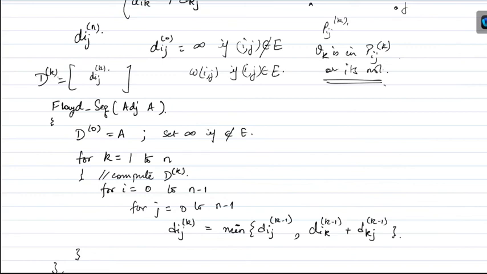So what is D^0? I already have D^0. When I want to compute D^1, I want to look at vertices. V1 can be an intermediate vertex, right? That's what you're saying. Yes, you're right. Let's start the vertex numbers from 1, right? That's important. Is that fine now?